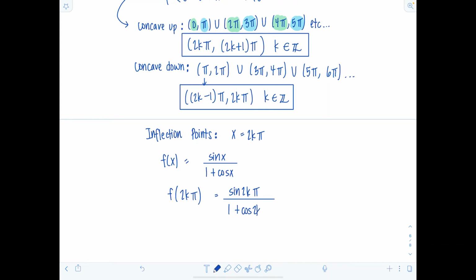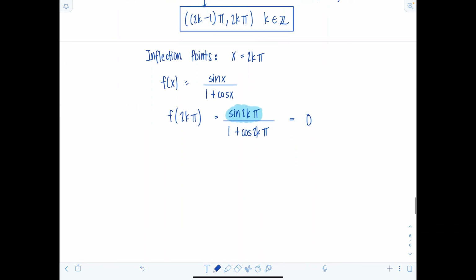I don't even care what the denominator is. Sine of any even multiple of pi is going to be 0. I know the denominator is not going to be 0 because we took all of the odd multiples of pi out of the domain, so we're safe. Whew! So here are our inflection points, 2k pi, comma 0.